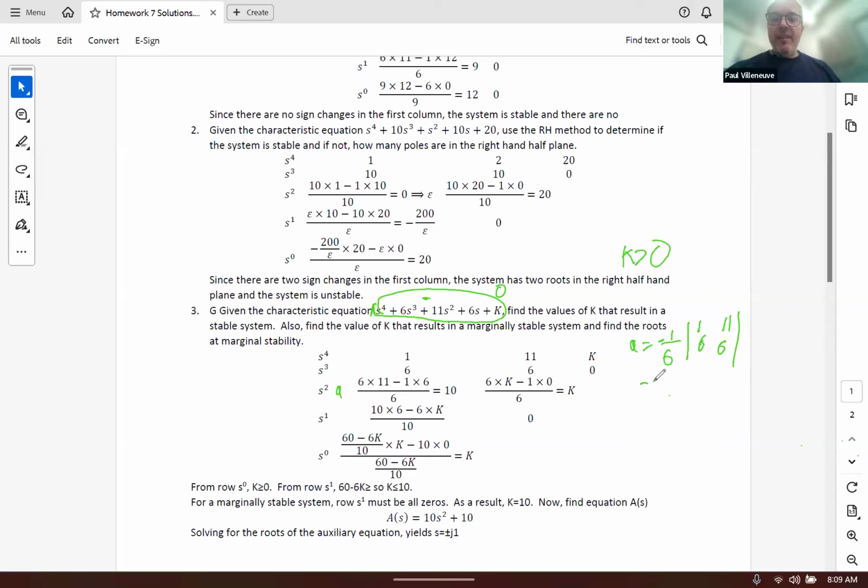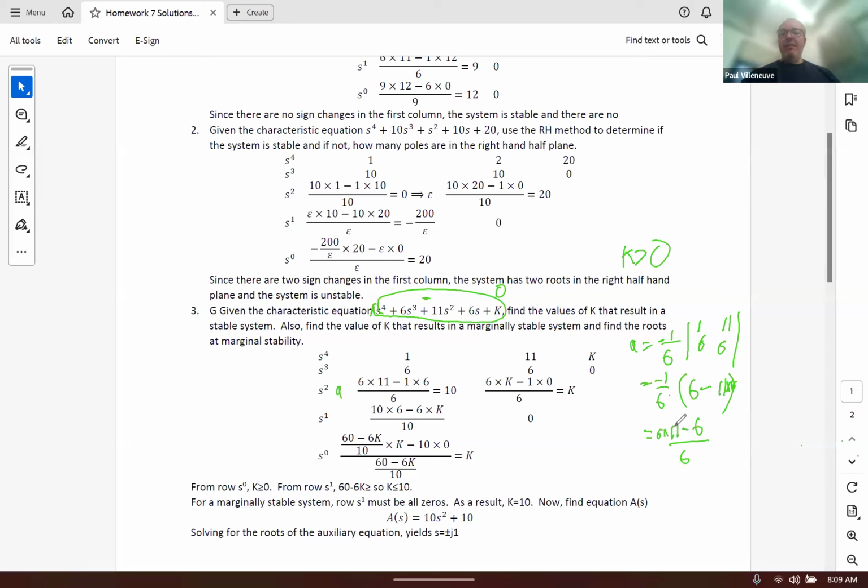So when you do that, you have -1 over 6. This becomes 6 minus 11, right? When you do the determinant approach. And then this becomes 11 minus 6 over 6. Whoops, wait a minute. 6 times 11, sorry.